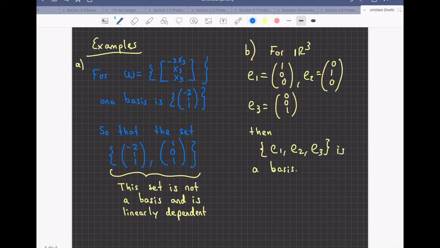But if I remove only one, the set, for example, e1 and e2 is not a basis for R3. And it doesn't span R3.